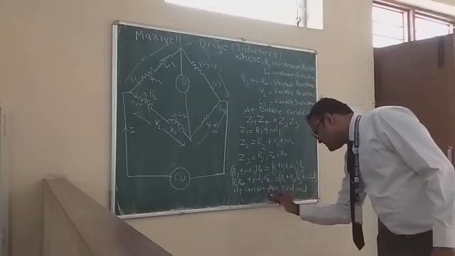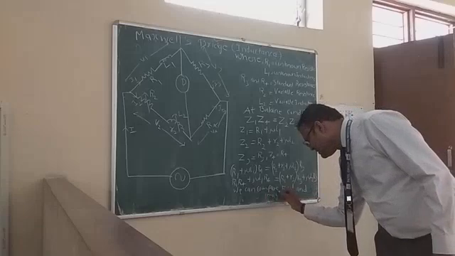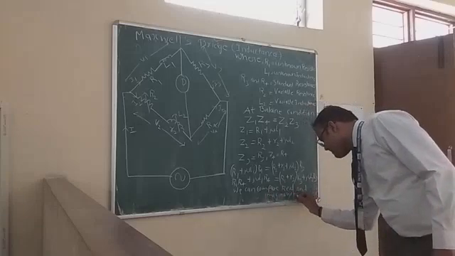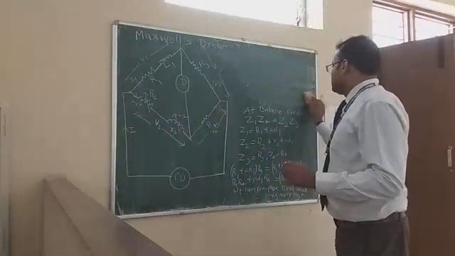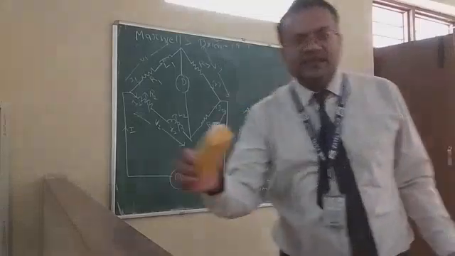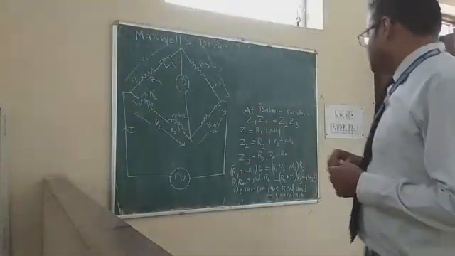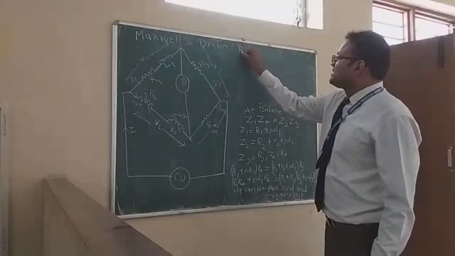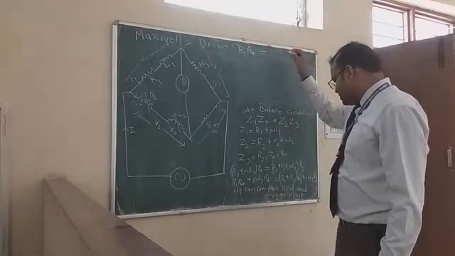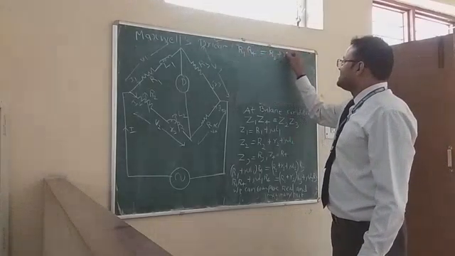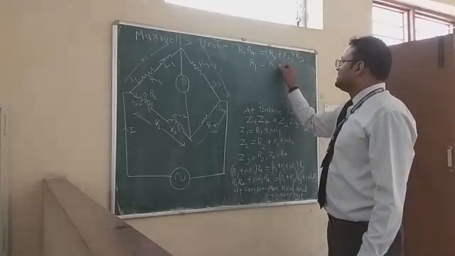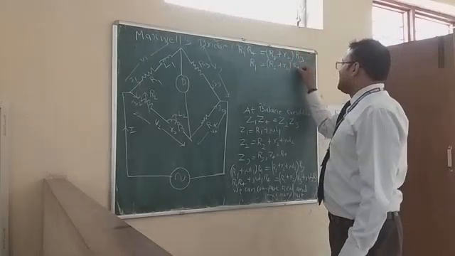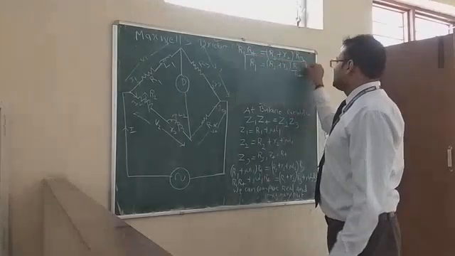First we compare real part, then we get R1 R4 is equal to R2 R3, and then we get R1 is equal to R2 R3 upon R4. This is our equation number 1.